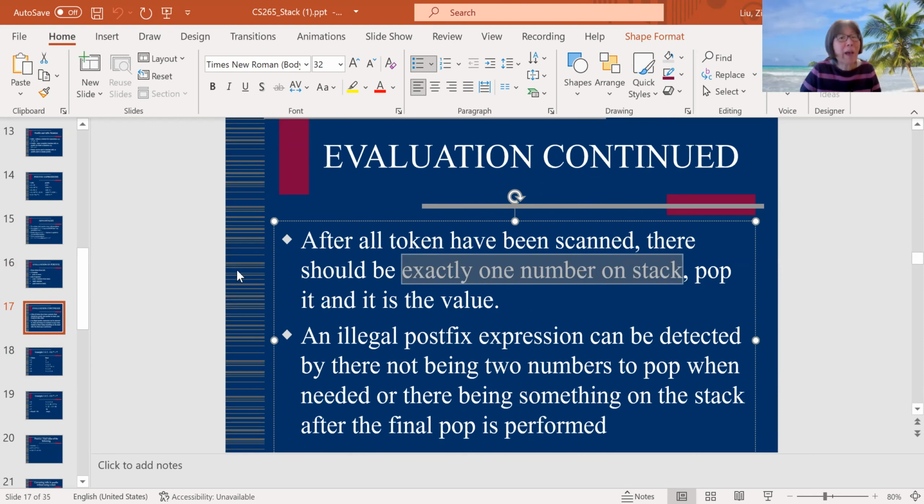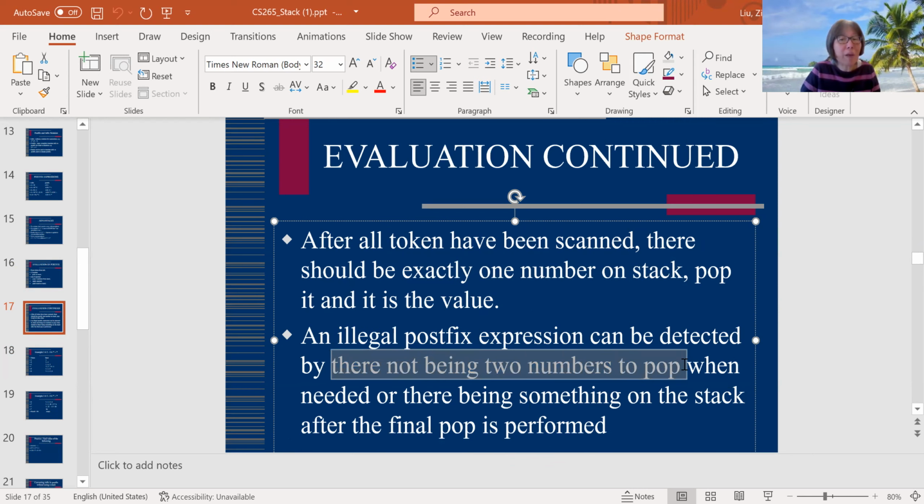Okay. And with this algorithm, we can also find illegal postfix expressions. Because whenever you have an operator, if there are not 2 numbers to pop, that means something is wrong.